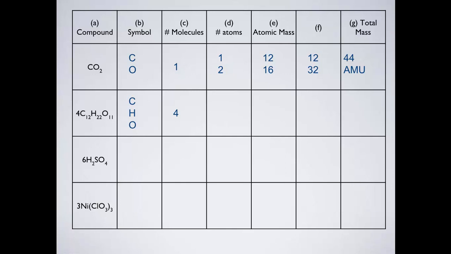What is 12 telling you? That there's 12 atoms in the molecule. But what else do we need to multiply by? We need it times the 4, because there's really 48 carbon atoms here. How many hydrogen atoms? 88. How many oxygen atoms?